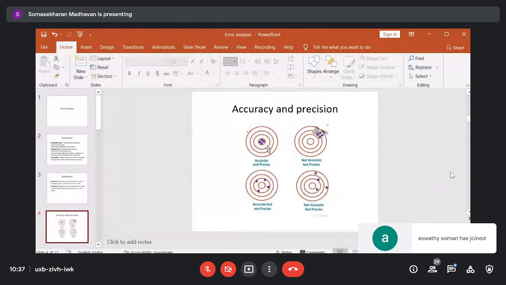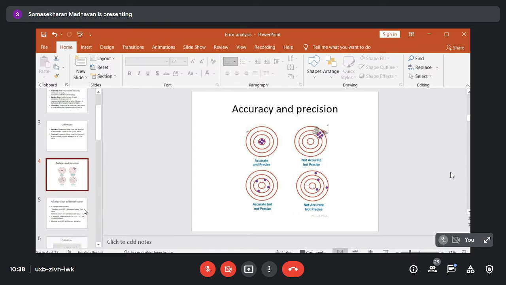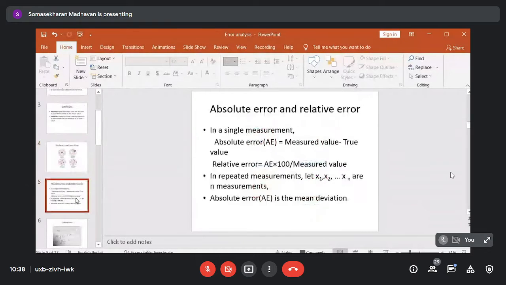So this is the relation between accuracy and precision. If we measure something, we always expect accurate and precise measurements. This accuracy and precision depend on many factors, the systematic factors and the random factors. And by doing certain analysis, we try to estimate the random error.